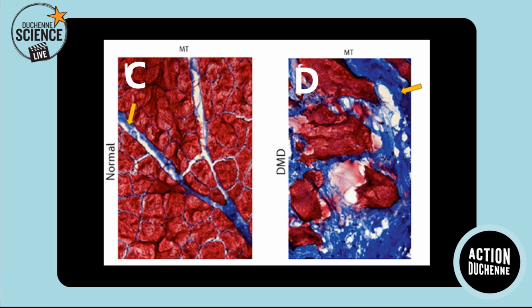And that is what we see overall when there is muscle loss. There is that replacement of healthy muscle with connective tissue, which is not elastic and able to move as well. So that's what we're looking at in blue here, as pointed by the yellow arrow in image D.